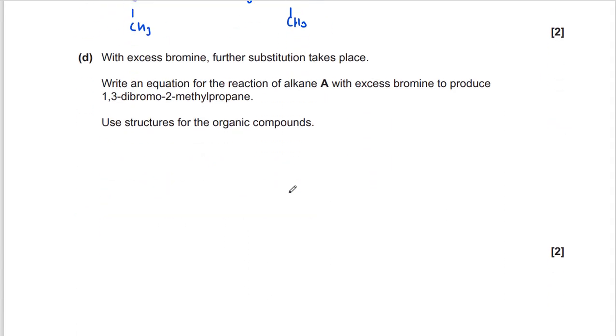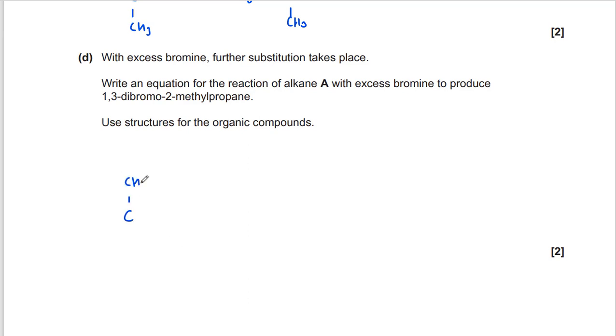Right. Excess bromine, then you get further substitutions. Write an equation for the reaction with excess bromine to produce 1,3-dibromo-2-methylpropane. So this is nice and straightforward. Now we don't have to use any particular type of formula here. We are allowed to use any type of formula, which is good. So let's just stick to what we know.